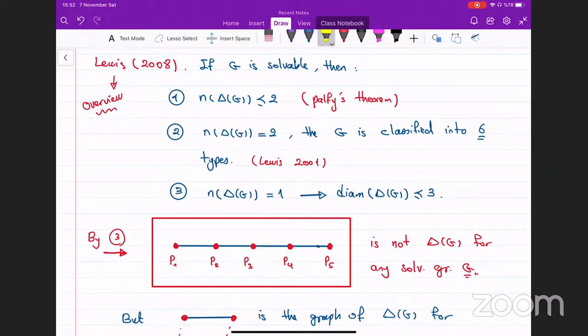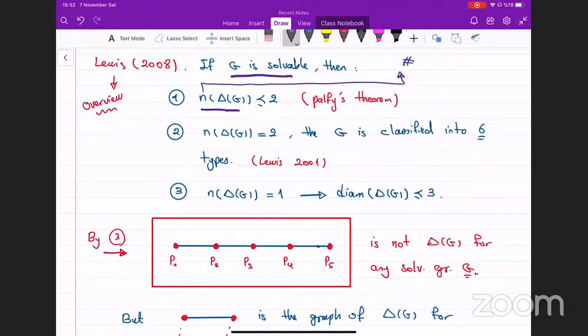We have some graph theoretical results for delta G when G is solvable and when G is non-solvable. But since I'm going to work with solvable groups, I just mention those with respect to solvable groups. So G is a solvable group. Then n of delta G is less than or equal to 2. What do I mean by n of delta G?